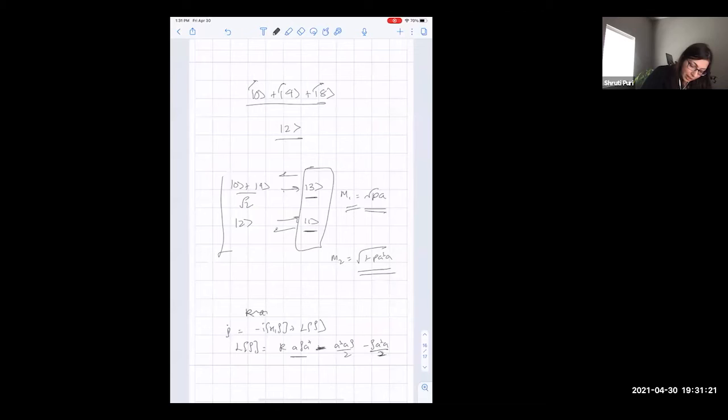M1 corresponds to this term, M2 comes from this term. This is just energy relaxation that's happening.